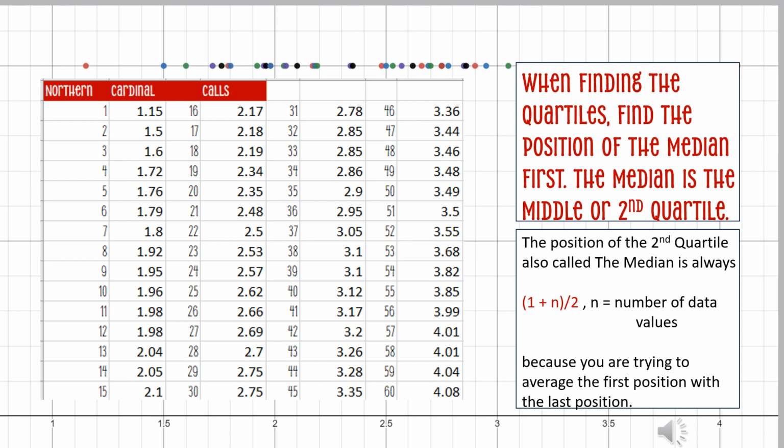How do you average any numbers? You add them and divide by however many you have. If we're averaging 2 numbers, we're going to add them and divide by 2. So we're trying to find the average, the middle position between 1, which represents our first number, and n, which represents our last number. So 1 plus n divided by 2 is always how to find the position of the second quartile.